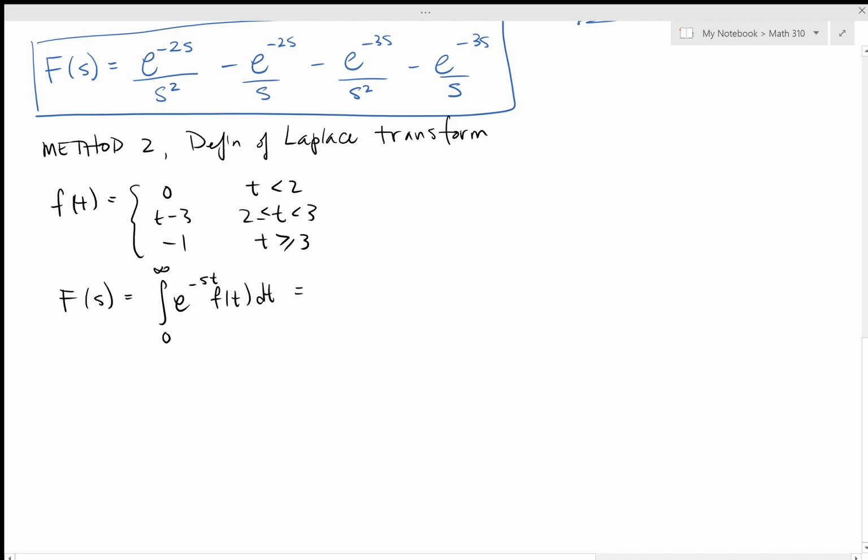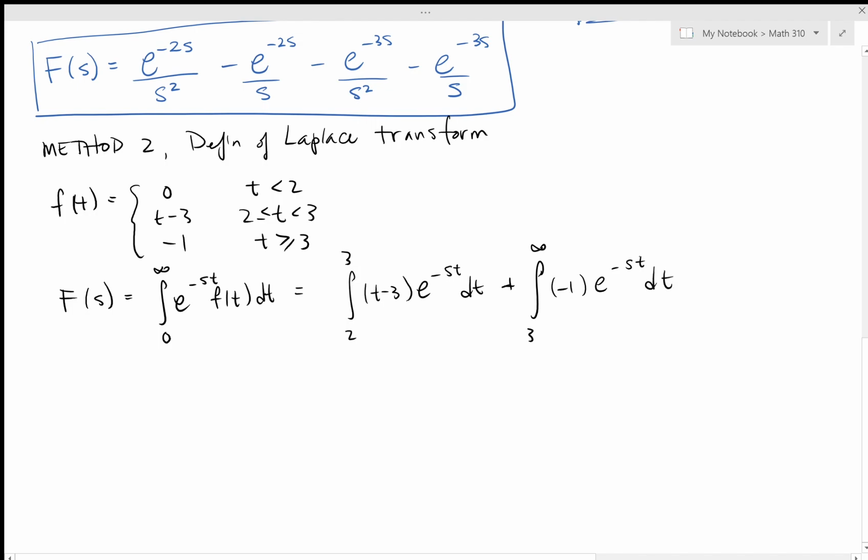What I'm seeing is the function is 0 until 2, so there's nothing to integrate. Then between 2 and 3, my function looks like this, t minus 3 times e to the minus st dt. And from 3 to infinity, my function is just simply minus 1.